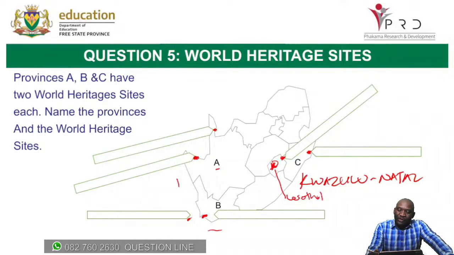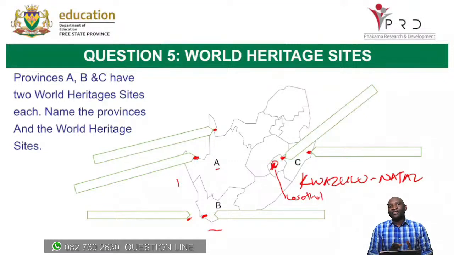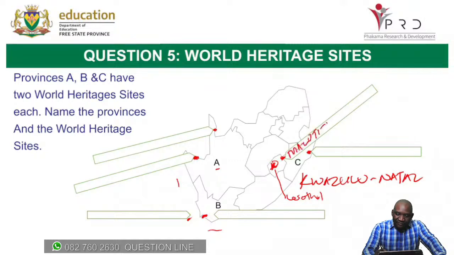So now if Lesotho is closer to KZN, we know that this is a very mountainous country. It's closer to mountains, and therefore the World Heritage Site that is closer to this mountainous area is none other than, yes, correct, Maluti Drakensberg Park.